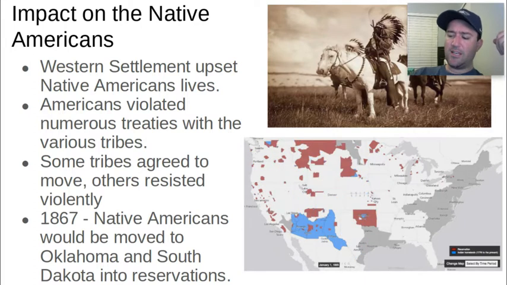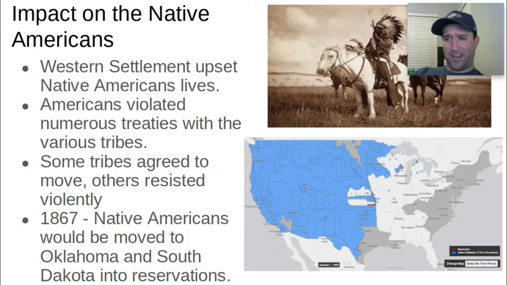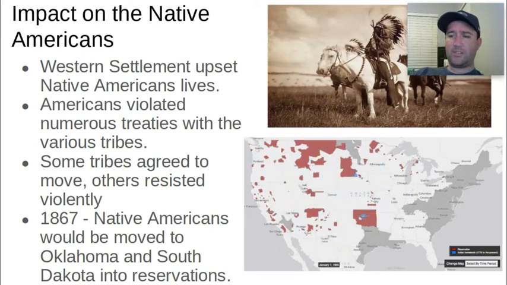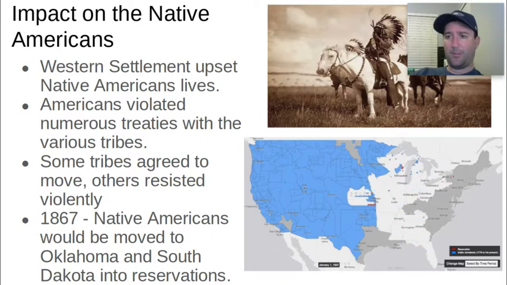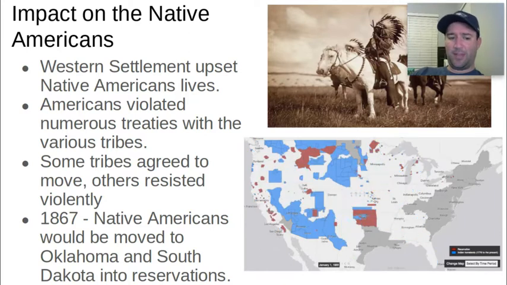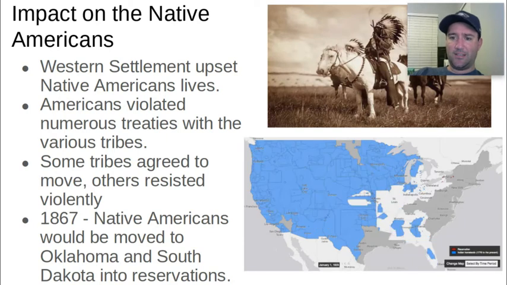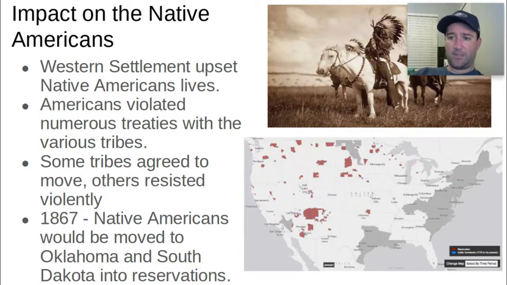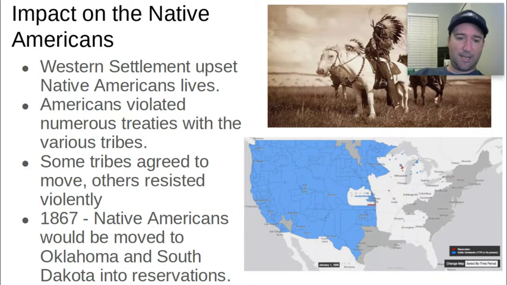And oftentimes how it goes is they make the treaty, and then after that treaty is signed, they discover there's some sort of resource on that land that the white settlers, the U.S. government, want, and then people end up going in to take it, and either the Native Americans have to leave or they start to resist, and sometimes they resist violently. And we'll talk about some examples of that today.